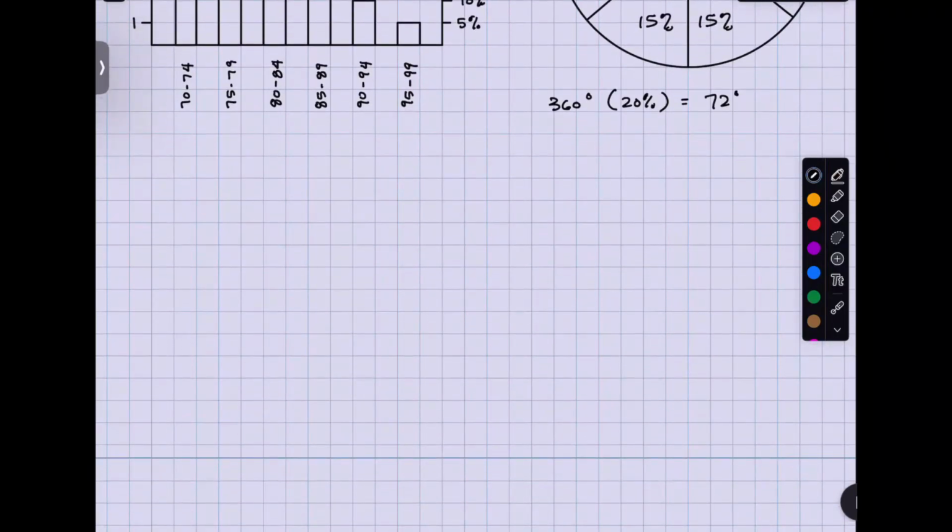So, what are some of the labels that you should have? A title or caption. What's your vertical scale? And your horizontal scale?